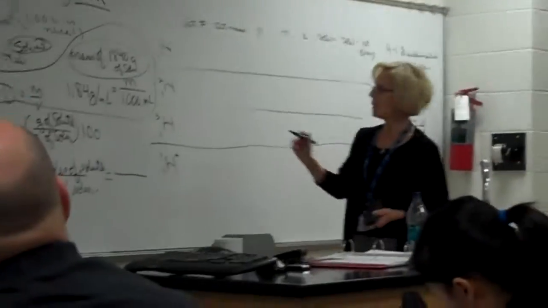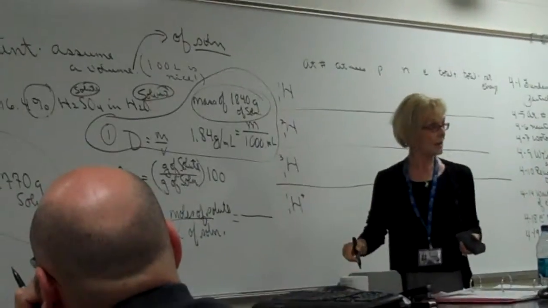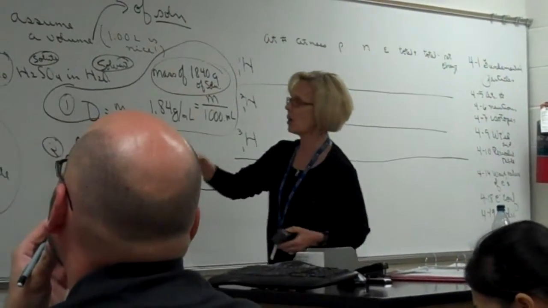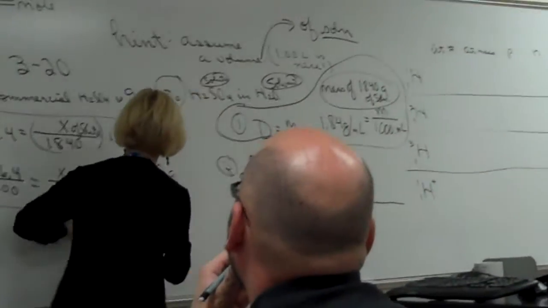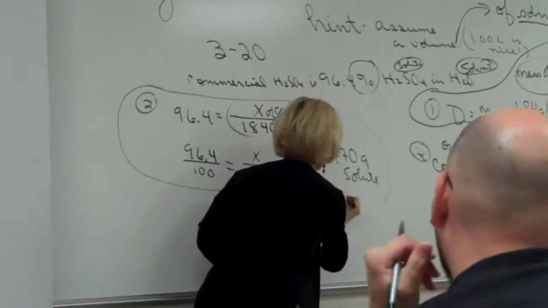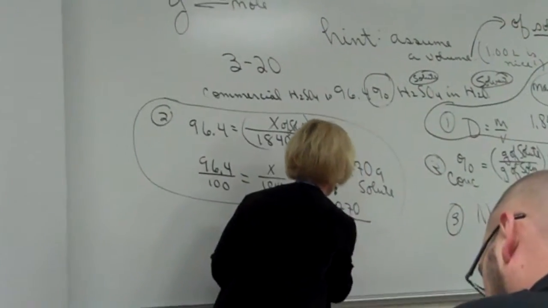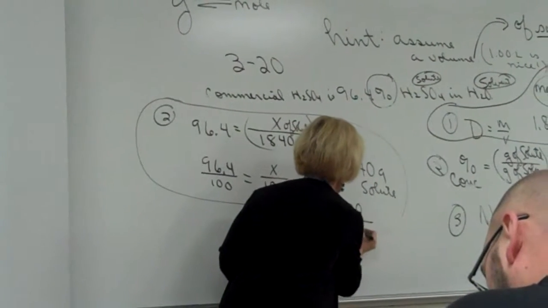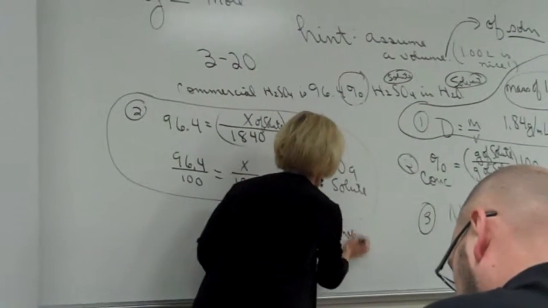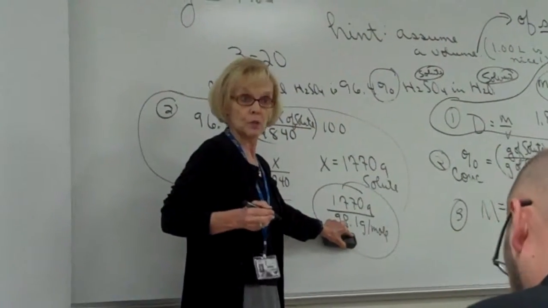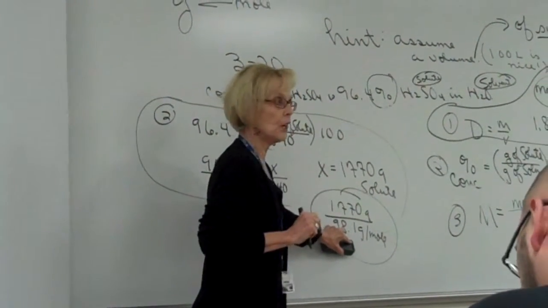I think Marco said we were going to need it in this. 98.1. Okay, so maybe set it up separately here. 1770 grams, so you can use 1774, I don't care. And we're going to divide it by 98.1 grams per mole. And that's going to give us moles. And then we're in business over here.